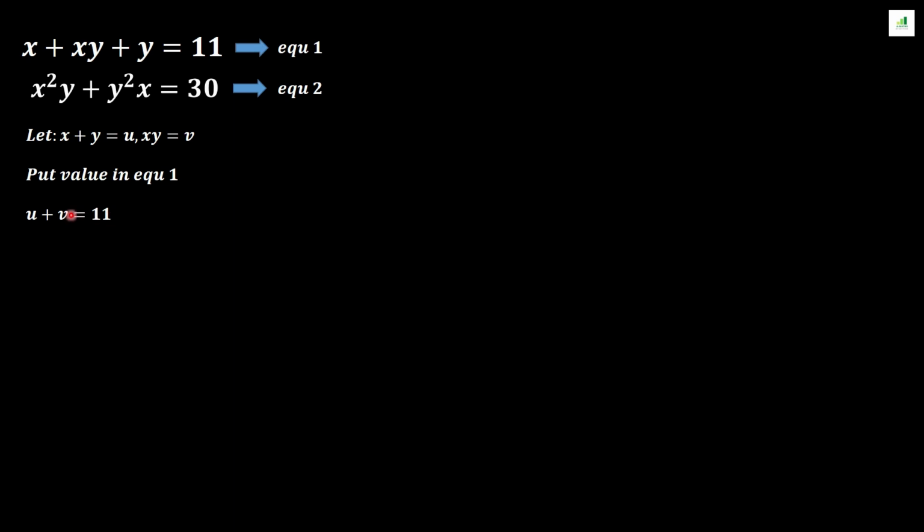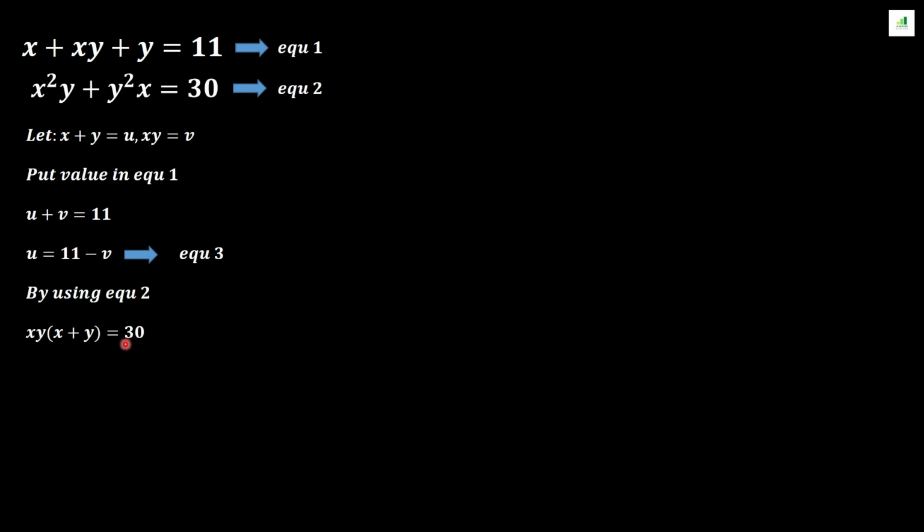Now this positive v will move to the other side of the equation and we will get u equals 11 minus v, which is equation number 3. Now we will use the second equation and take xy common from both of these terms. After taking xy common, x plus y will be the remainder, and equal to 30 is the same as before.